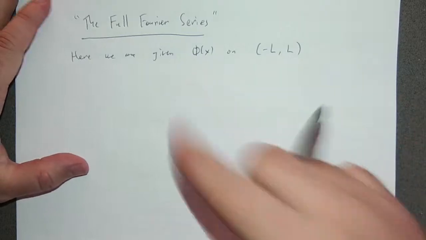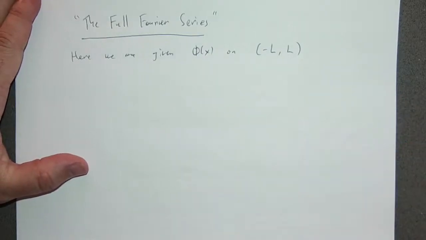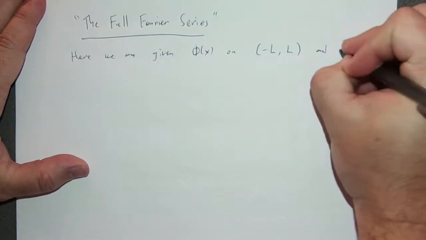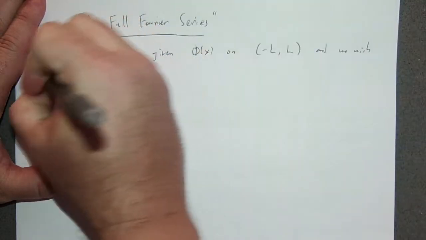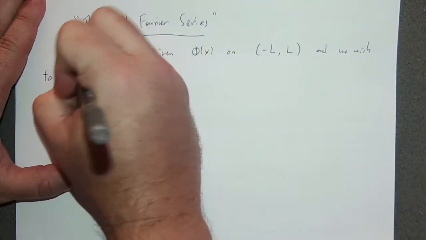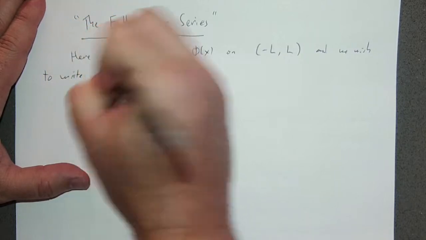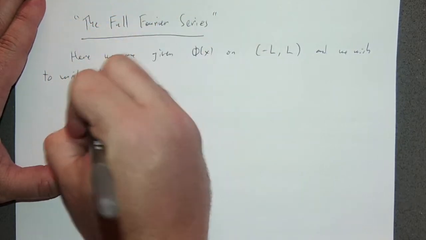So here we're given phi of x on the interval minus L to L, and we wish to write phi of x as the following series.